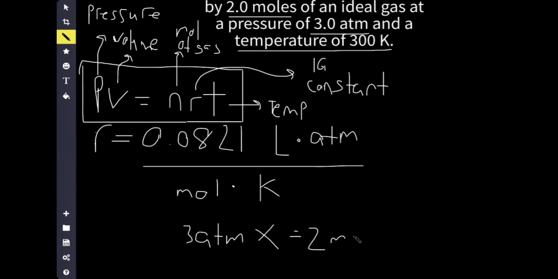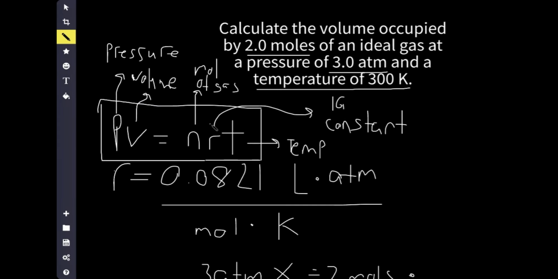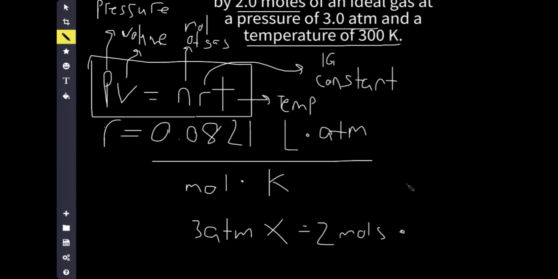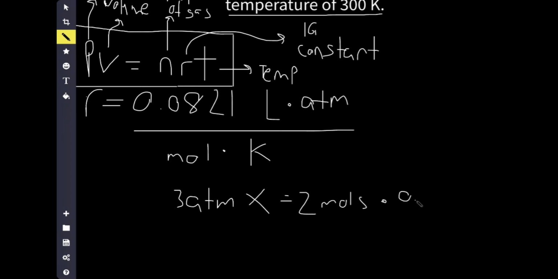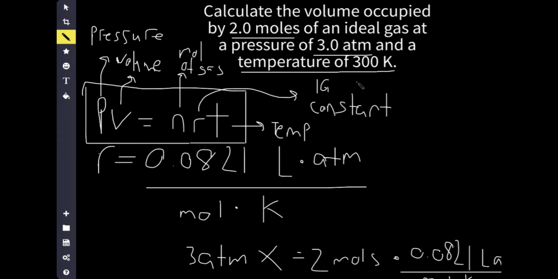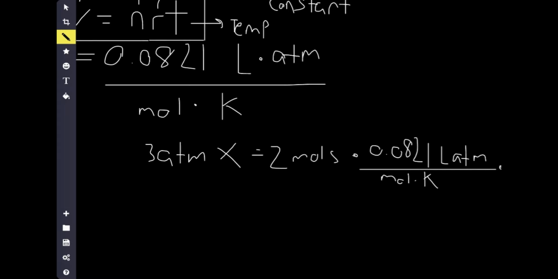I'm just going to write 2 moles. Times our ideal gas constant, which is R. Well, we know what that is: 0.0821 liters atm over moles Kelvin. And we know our temperature in Kelvin, 300 degrees Kelvin.